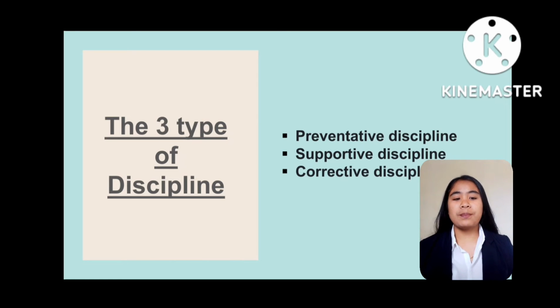It is usually a verbal warning or a suggestion for the correction of behavior. And the last one, corrective. Corrective discipline comes into play when a student fails to change his or her behavior after repeated attempts at supportive discipline. It mostly refers to the consequence delivered following an infraction.